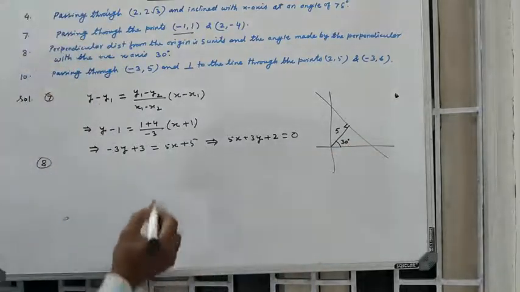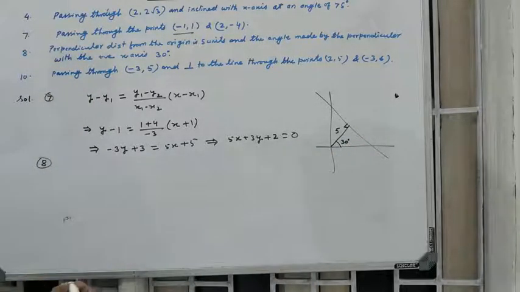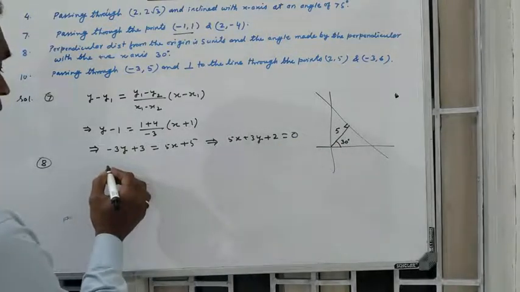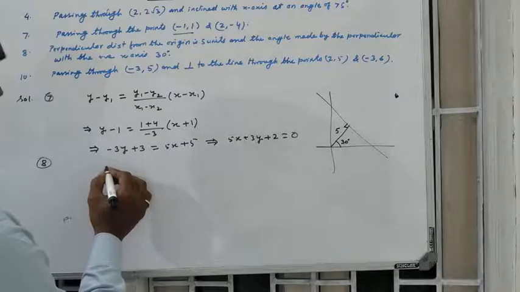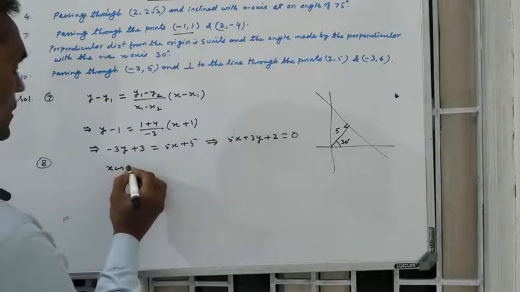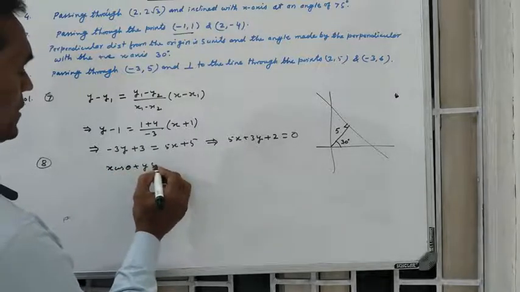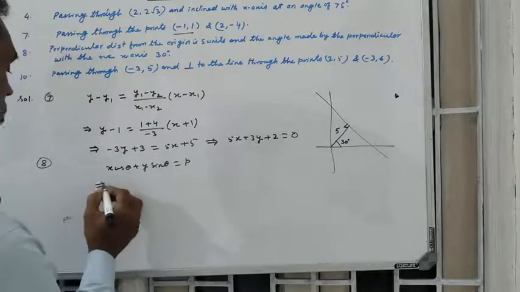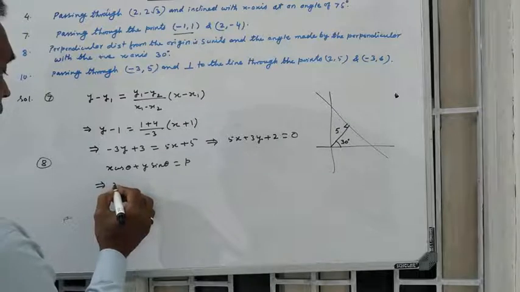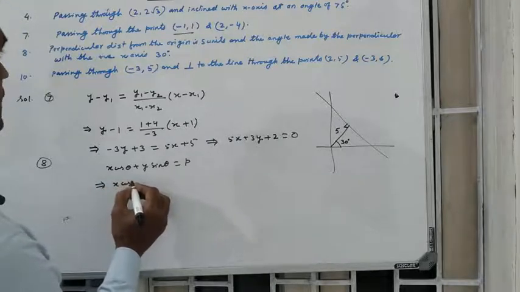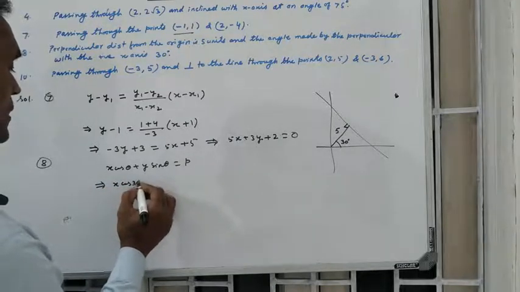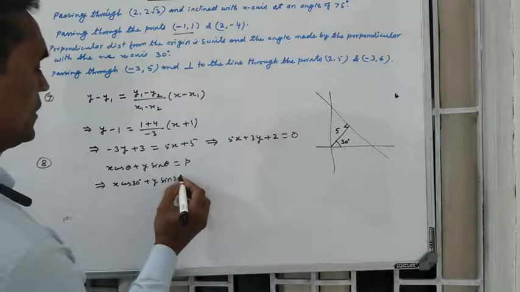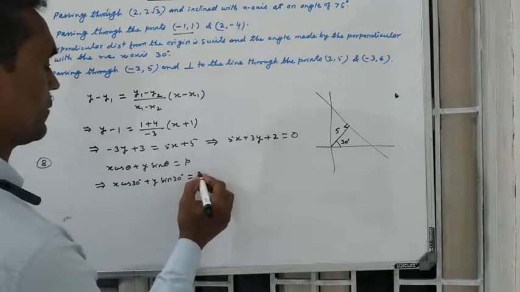So here we apply the normal form because p is given and theta is given. According to the normal form, our formula will be x cos theta plus y sin theta equals p. Here also you put the values: x cos 30 degrees plus y sin 30 degrees is equal to p, here 5 units.